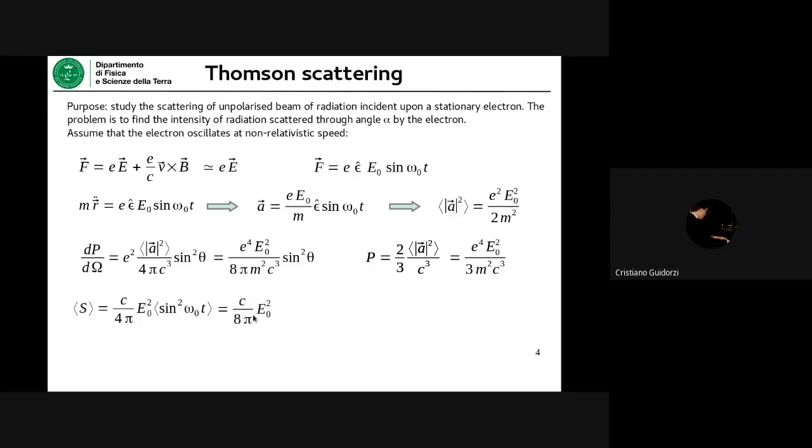Now, as I was commenting at the beginning, you can look at this process in this way. You have energy coming in, from the point of view of the electron. So the electron is receiving energy from the source, from the wave, and is indeed emitting energy because it's accelerating.